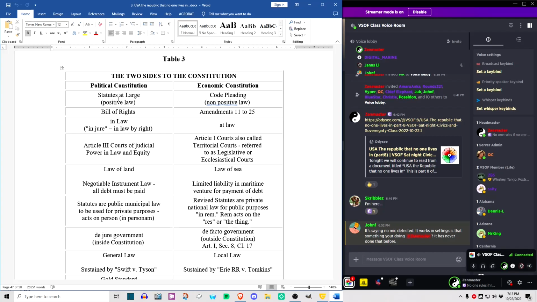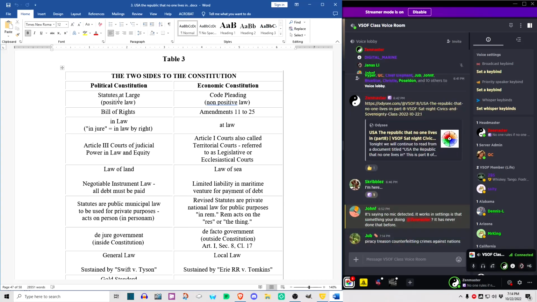And the only 4 things that they have the capacity to do are indict for piracy, indict for any violation of the law of nations, or basically treaty violations, treason, which is the only thing that's actually defined in the Constitution, and then counterfeiting. That's it. That's all that they have. That's all that was ever given to them.